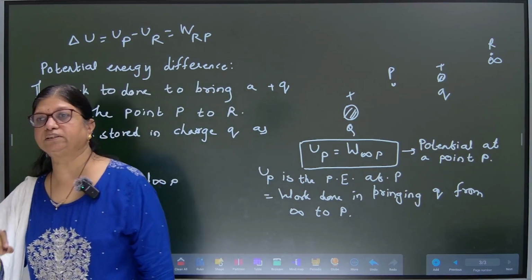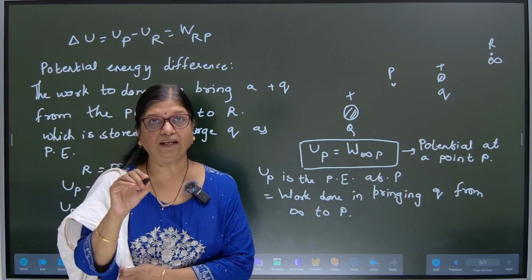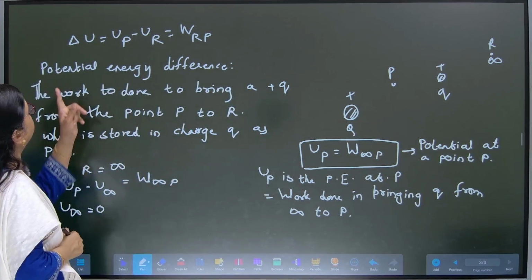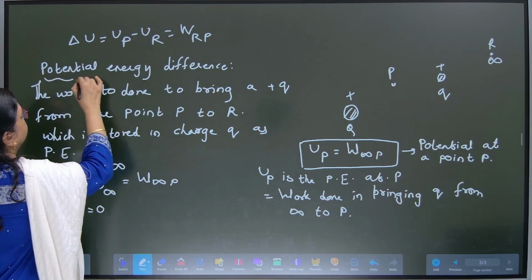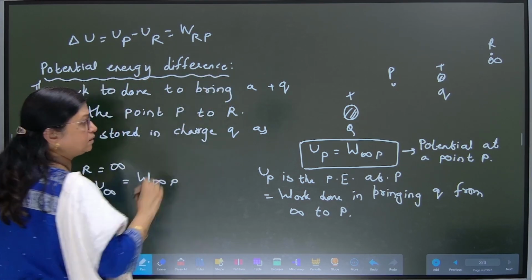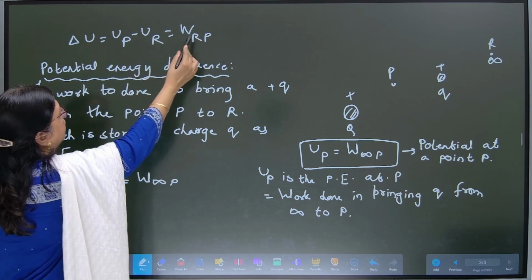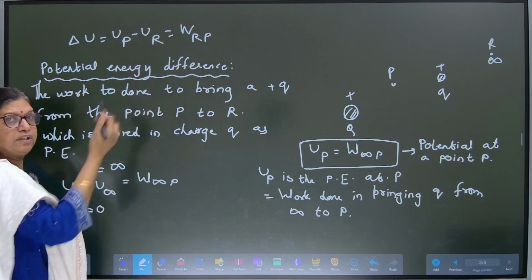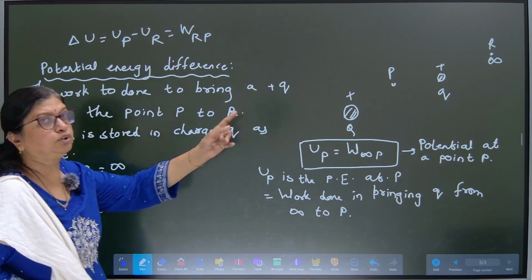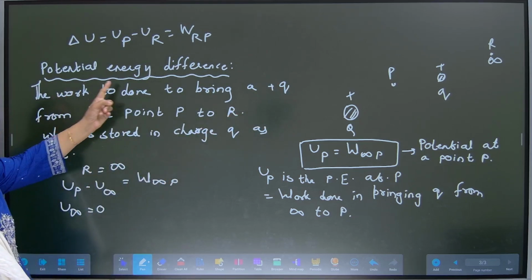That's why I took a separate page so that you understand the difference between potential energy difference. It is from a point R to a point P. You are shifting the charge from R to P. Then it is potential energy difference.